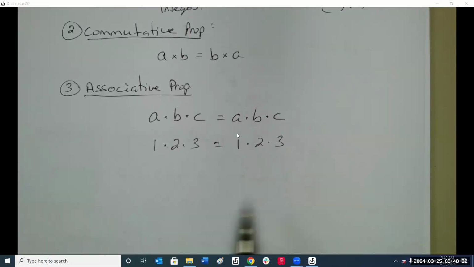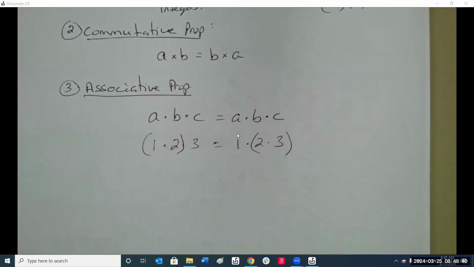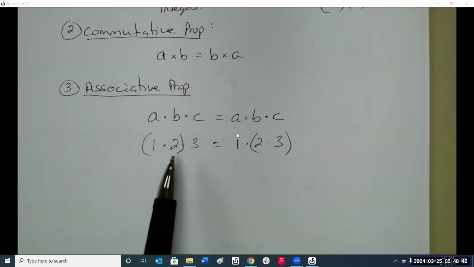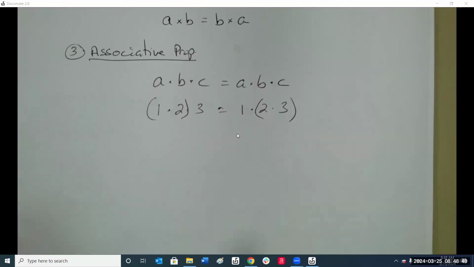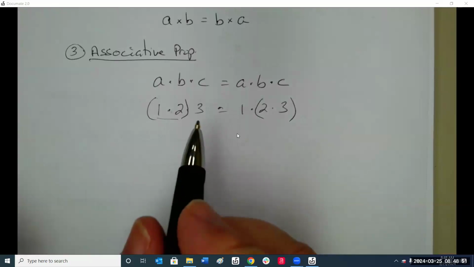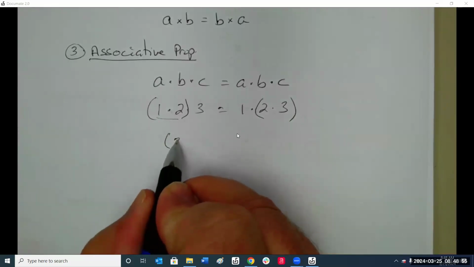But it doesn't mean anything if I just give two, because you'll start at 1 and multiply that way. So that's where the associative property is. I use the parentheses. The parentheses tell me what I have to do first. I have to do it by the order of operations. I got to do what's in the parentheses first. So 1 times 2 is 2.